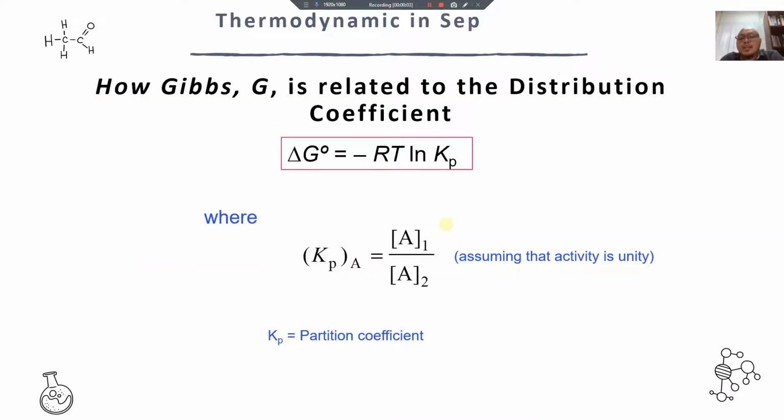How Gibbs is related to the distribution coefficient. Kita sebenarnya boleh kira the Gibbs energy based on this lah, G naught equal to negative RT ln Kp. Okay, at the end you boleh calculate Kp sama dengan e to the power of negative G naught over RT.